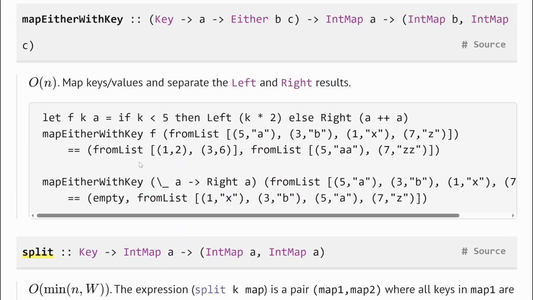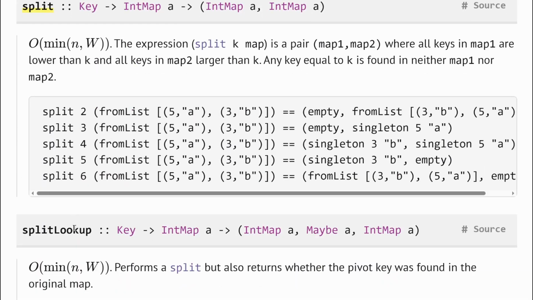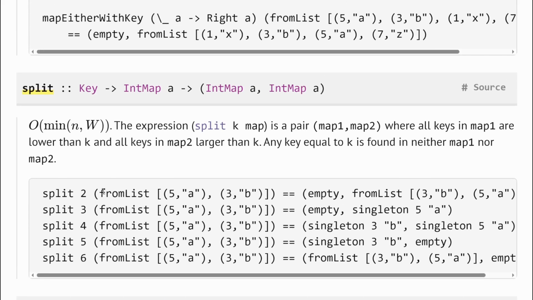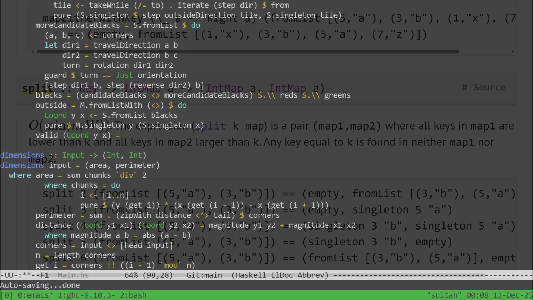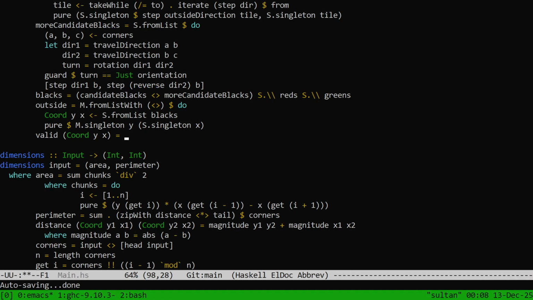So I guess I need this split lookup where I get, or I guess I can just split looking for things that are larger than n minus 1 in a way. Okay. It gives me back an int map, which might even be empty, but that's fine.